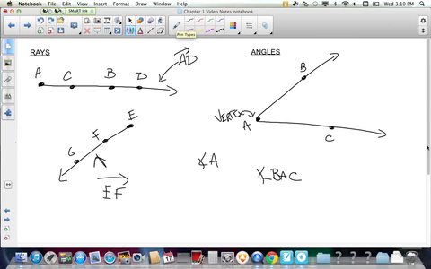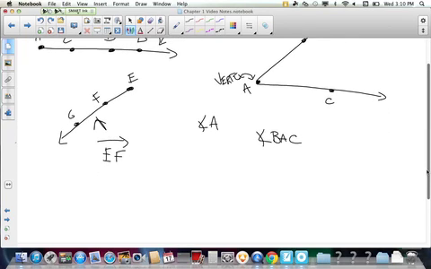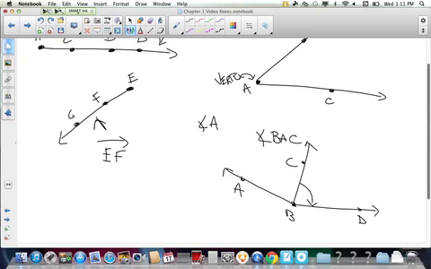Now, the one time where it's important how you name it is if there are multiple rays coming off one single vertex. If I wanted to name this angle here, I could not just call it angle B. That doesn't work, because there are multiple angle B's here.